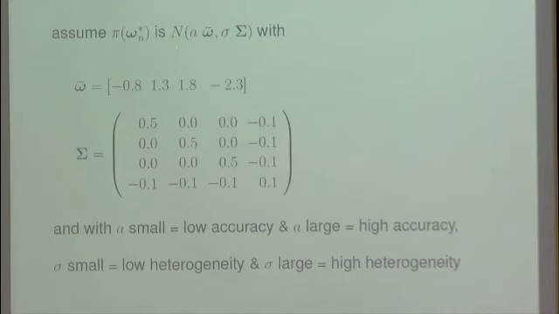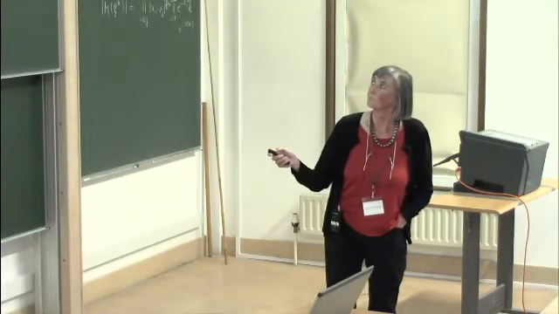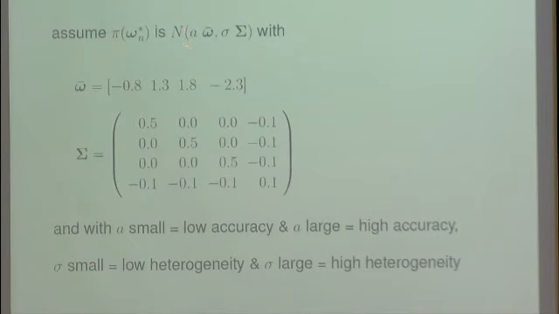And what does it indicate? If a is small, it means that the mean values for the willingness to pay and the price are small. If these parameters in the utility model are small, it means that the error term is very large and that you don't get much information out of the choices that are made.